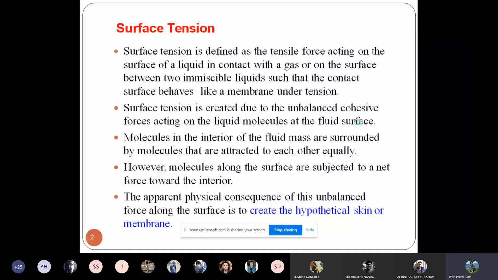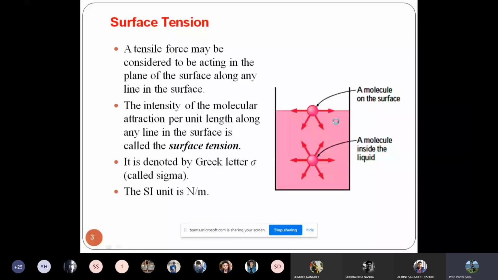So as you see from this schematic diagram, a liquid droplet is given, and the arrows signify the line tensions which develop on that particular droplet. That is the intensity of the molecular attraction per unit length.